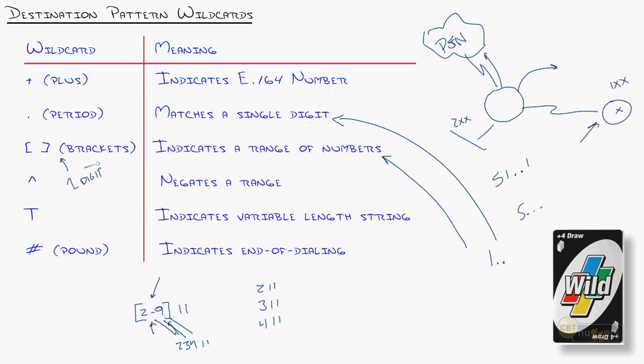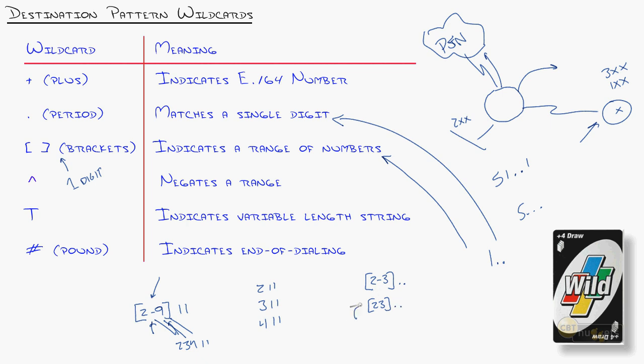So for example, maybe you've got a remote office with 1XX, well, I don't want to overlap here. Let's say I've got 1XX and 3XX extensions over here. I could actually do, and let me show you a little trick already, 2 through 3 dot dot, or I could even do 2 3 dot dot. The dash in this case would be optional.